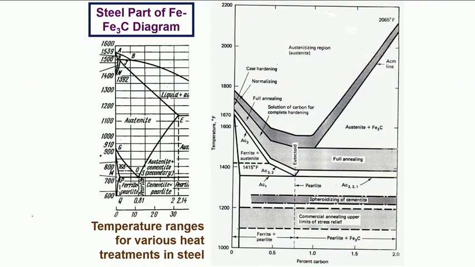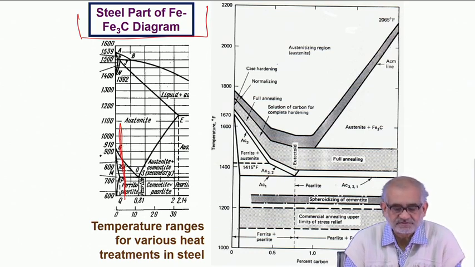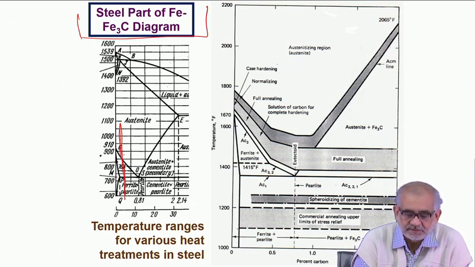If we look at the first slide, this is the steel part of the iron cementite phase diagram, and we are dealing with an alloy which is basically low carbon, 0.2, 0.3% carbon, and in order to introduce carbon, we took it to 930, 940 in that temperature range, so that carbon can diffuse in faster and deeper.